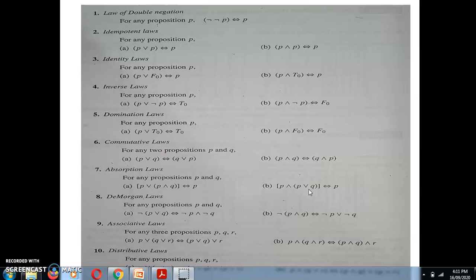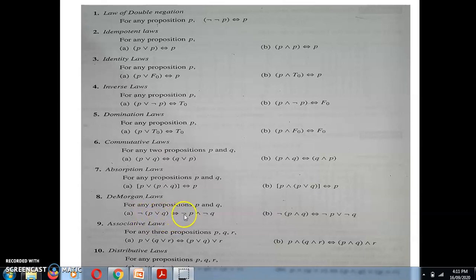De Morgan's law or De Morgan's theorem. It is the most important law, which you often need while solving a problem. One of the most important is De Morgan's.